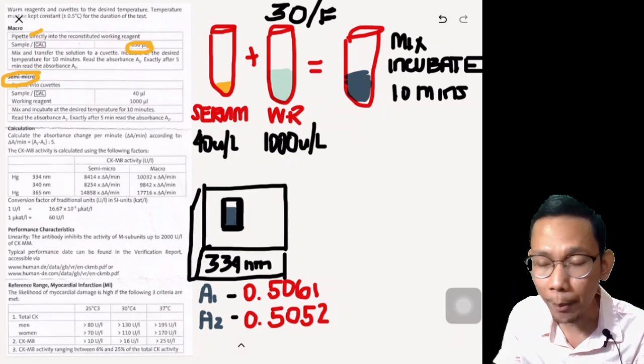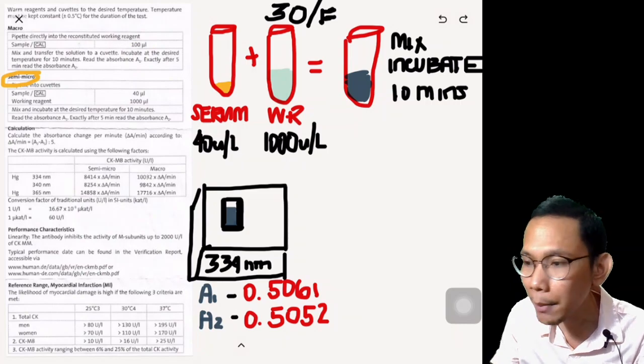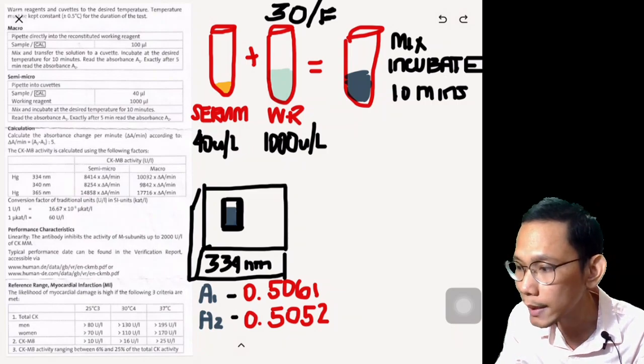But for this example, we will use semi-micro. What happens, Doc, with semi-micro? With semi-micro, you take 40 µL of sample, this is serum, plus 1,000 µL of working reagent.